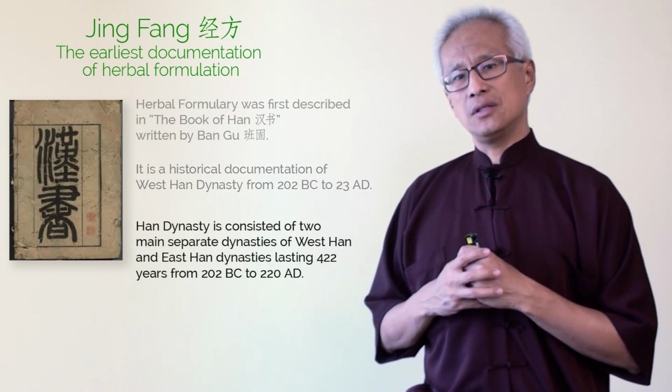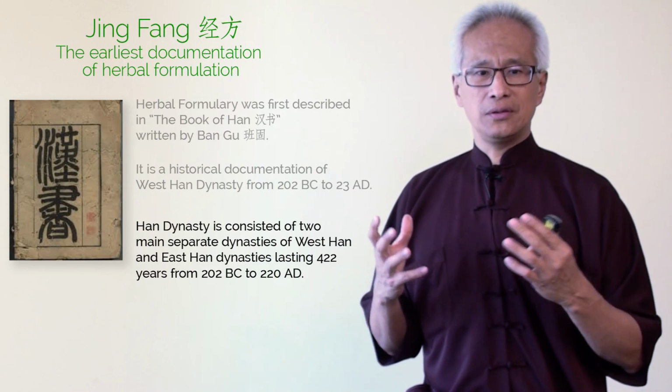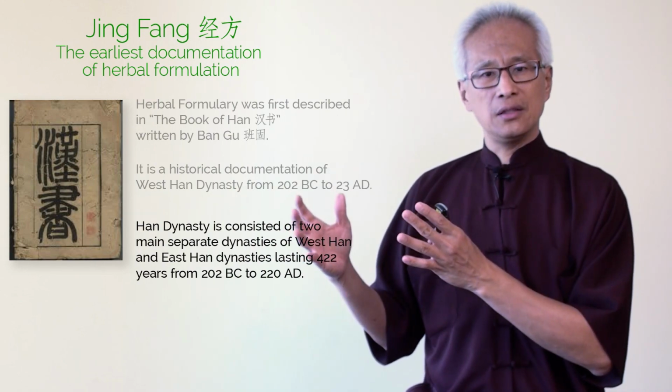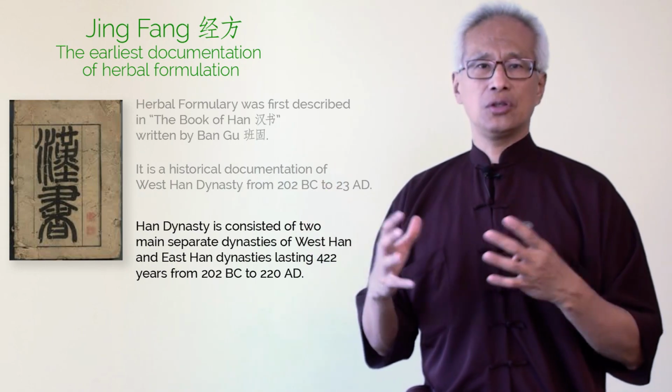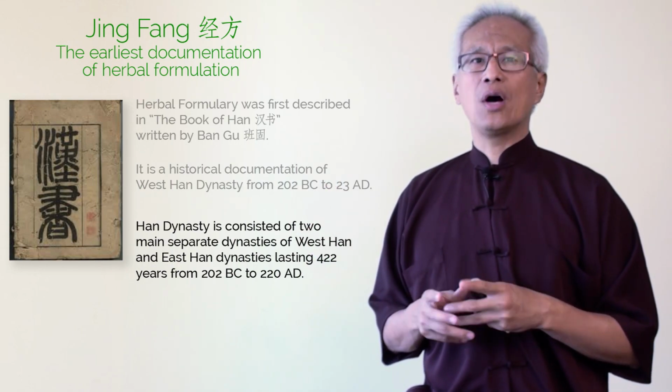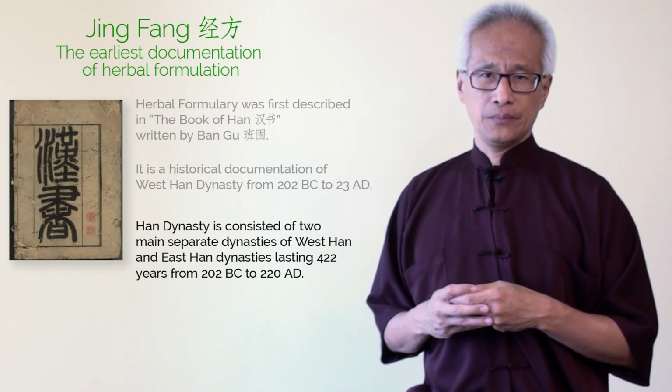Now, the Han Dynasty consisted of two main separate dynasties, West Han and East Han. If you combine them together, they last about 422 years. So it's a pretty long dynasty.